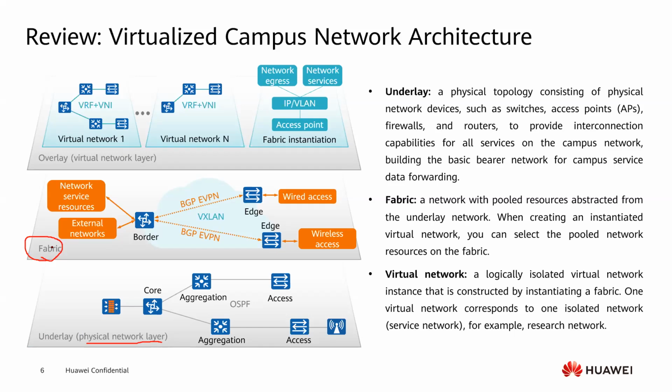The fabric layer is based on the VXLAN technology to make all the physical resources into a resource pool, which can then be invoked by different VNs. We can create different VNs to support different services, and different VNs are isolated from each other.